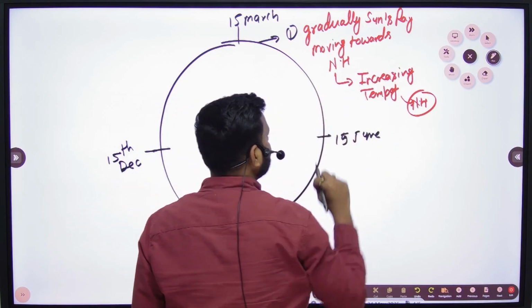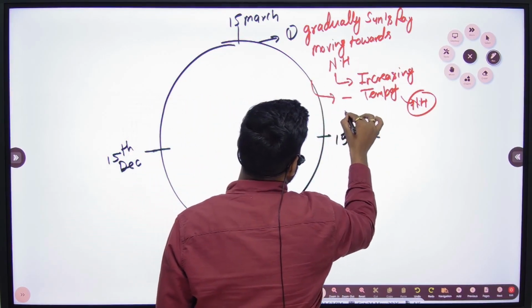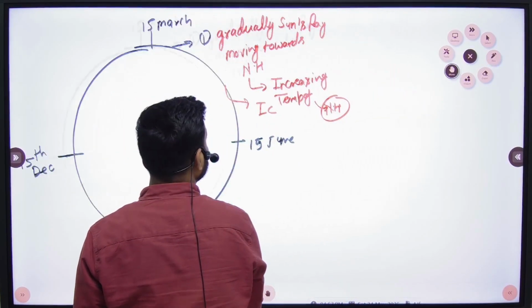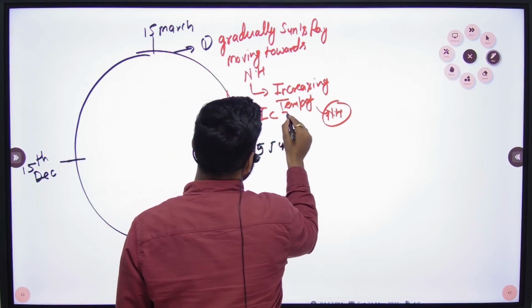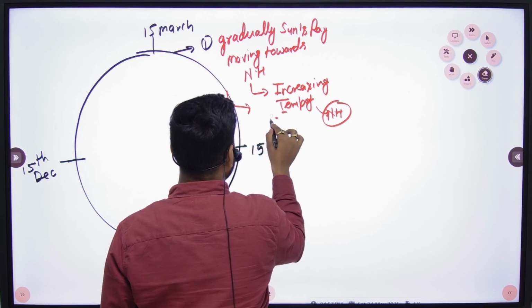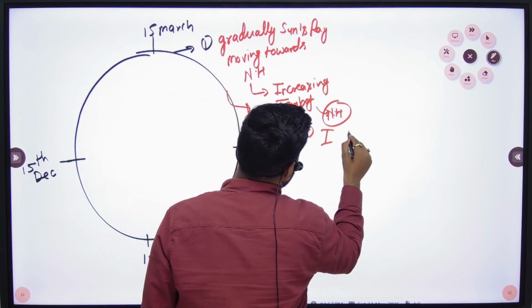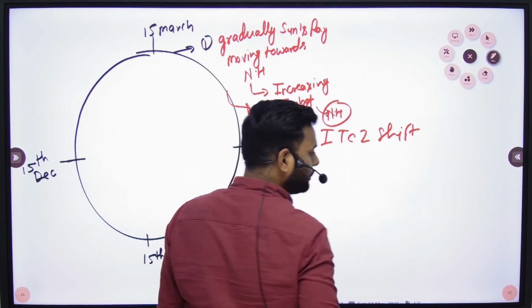Gradually the sun's rays are moving towards the northern hemisphere. Also the ITCZ shifts towards the northern hemisphere.